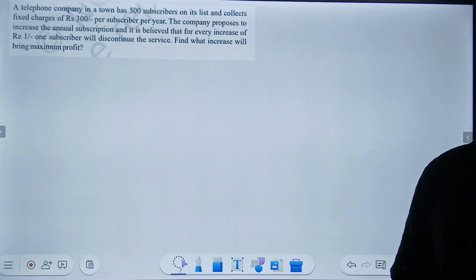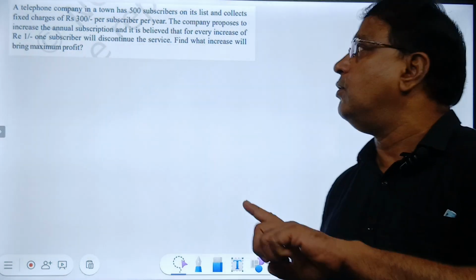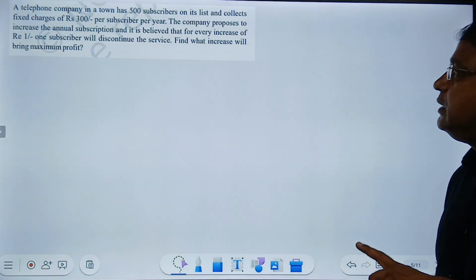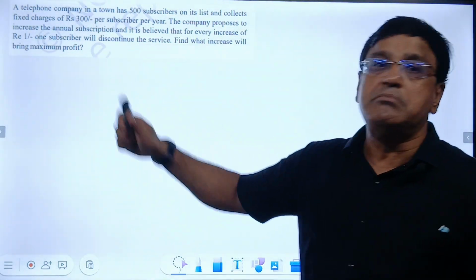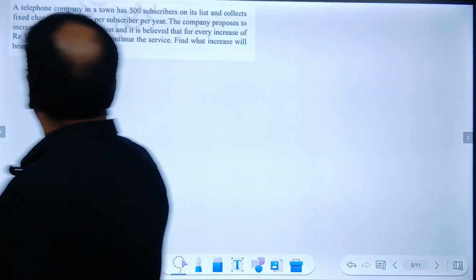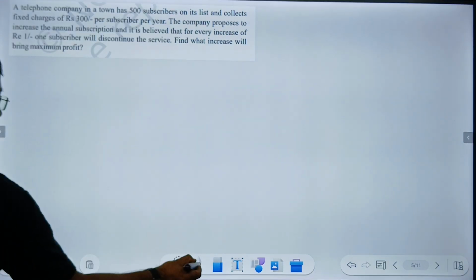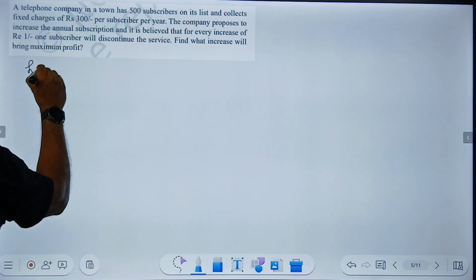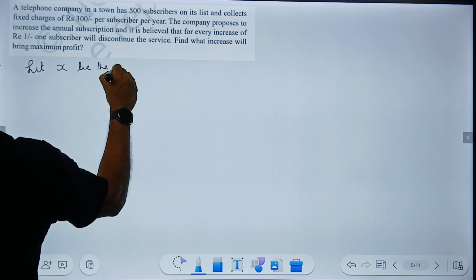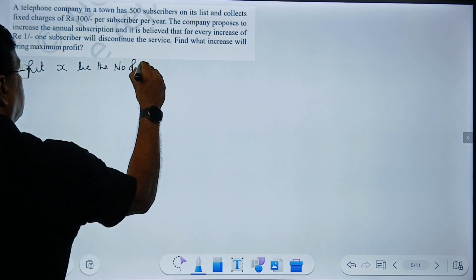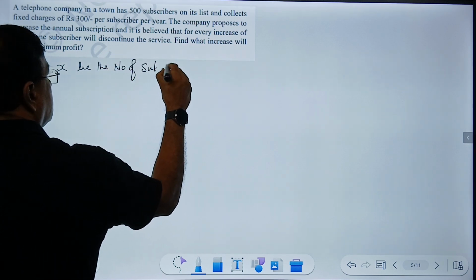Suppose I increase the subscription by X, then X subscribers will go out. Okay. So what will be the increase? Find what increase will bring maximum profit. So I will say let X be the number of subscribers increased.